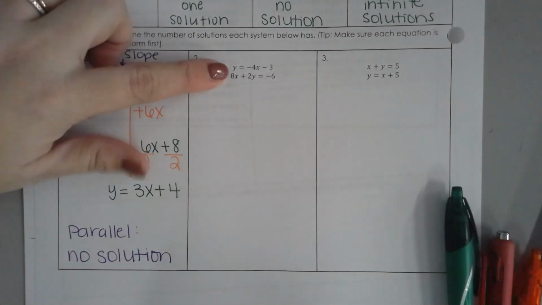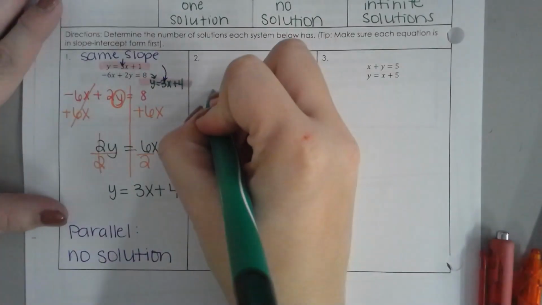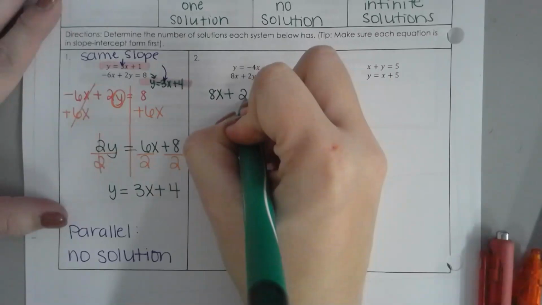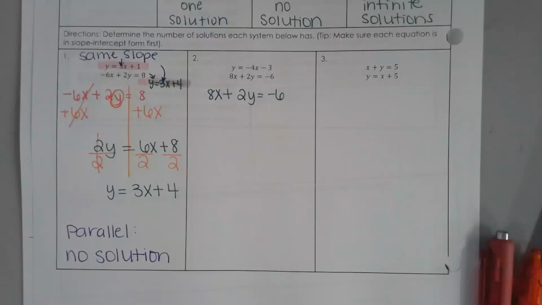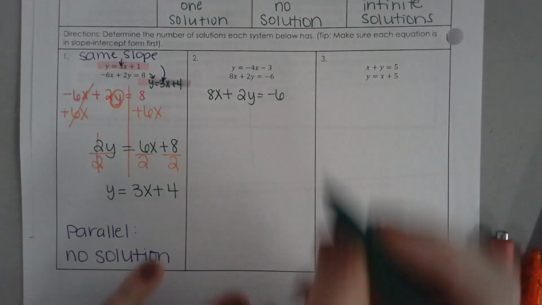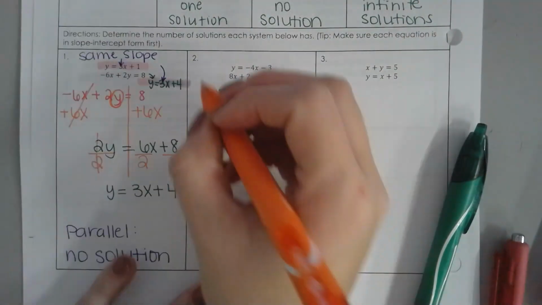This first one is already in slope-intercept form, so the other one I'm going to change so that I can compare them. We're checking to see if the slopes are the same and if the whole thing is the same, and we can't do that if they're not in the same form. First step is to subtract the 8x.